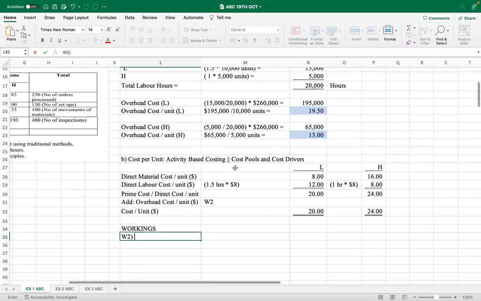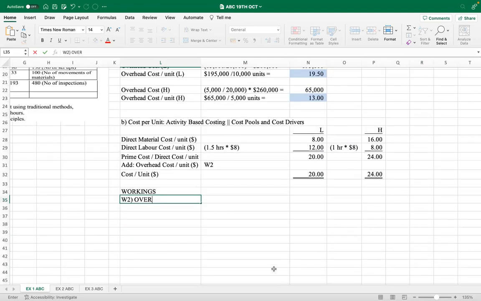Working number 2 will be overhead cost per unit under activity-based costing.